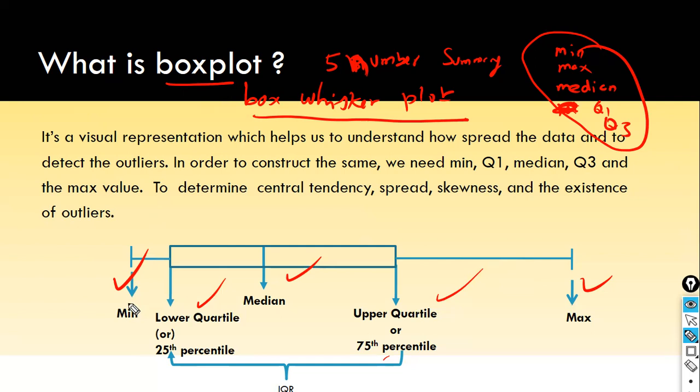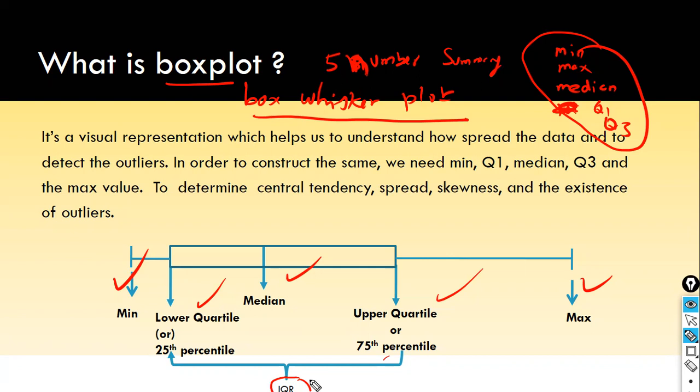This is your minimum value, and the extreme right side is your maximum value. In between, you can see the rectangle here, right? So this is your lower quartile, and this is your upper quartile, and this is your median. All the 5-number summary, I plotted it here. And if you notice at the bottom, you have something called IQR, interquartile range. I think they did not cover this in statistics.